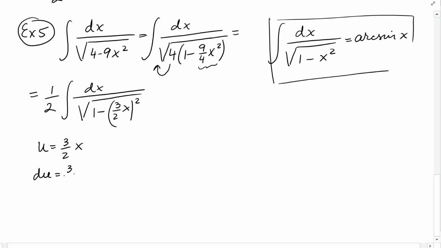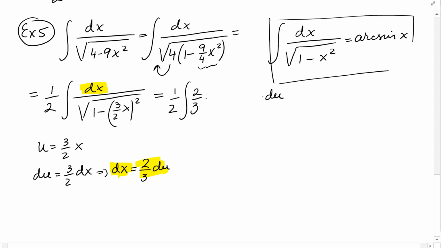So du is equal to 3 over 2 dx, which means that dx itself is going to be 2 over 3 du. So in our case, we are going to get 1 over 2 integral of, instead of dx, we are going to put 2 over 3 du. So 2 over 3 times, and let's put the du at the end.